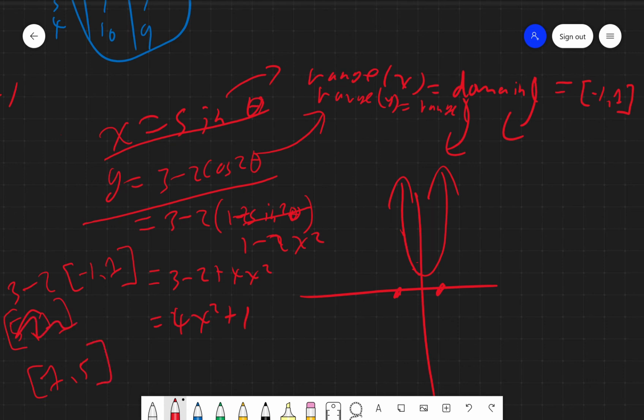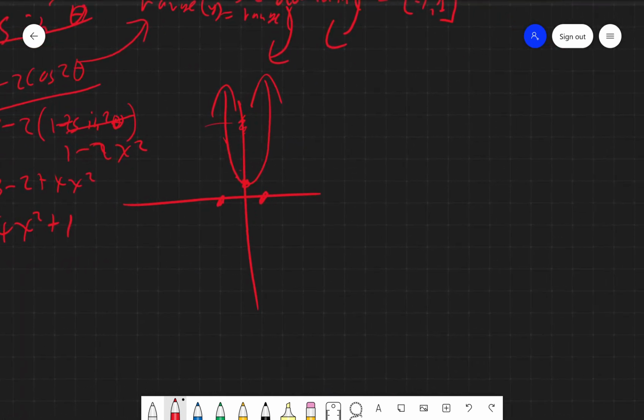Because -2 times -1 is 2, and 3 plus 2 is 5, and then we do the same thing with 1 and get 1. -2 times 1 is -2, and 3 minus 2 is 1. So now, yeah, that is our range: 1 to 5.